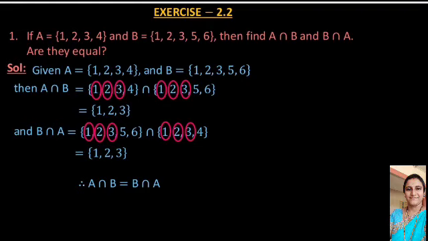Are they equal or not? Yes, equal, because the two sets have the same elements. Therefore, A intersection B is equal to B intersection A. Now go to the next question.